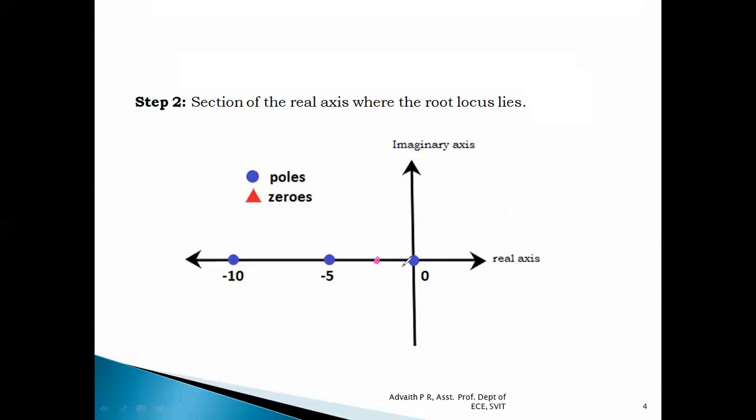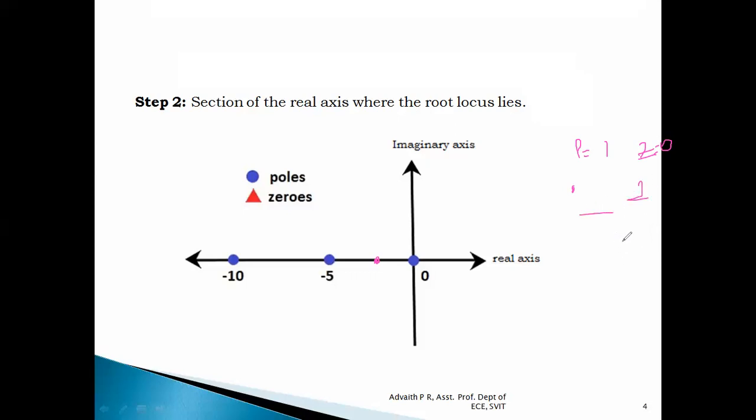If there is an even number of poles and zeros, then root locus will not exist. For example, if we have one pole and no zero towards the right hand side of the test point, the number of poles is 1 and zeros is 0. The summation is 1, which is an odd number, hence root locus will exist.